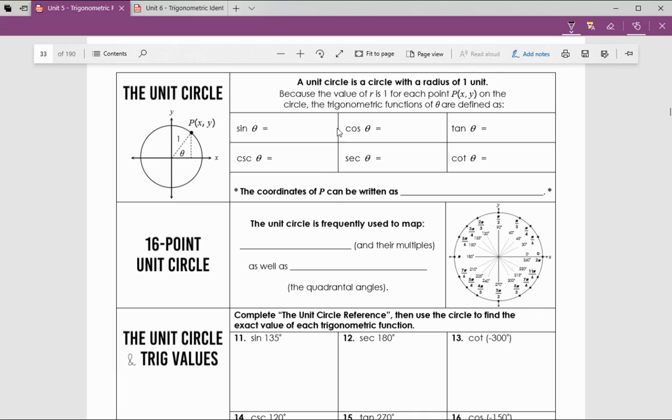All right, so this is kind of a redundant point. The sine of theta is y if you are on a unit circle, so we're just going to write it down again, so we'll have it on this page with us. Cosine is x. Tangent was y over x as long as x doesn't equal 0.